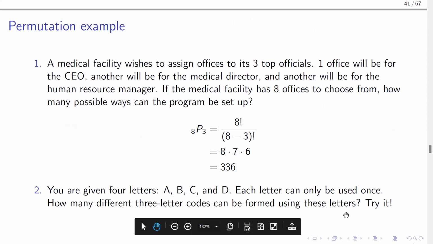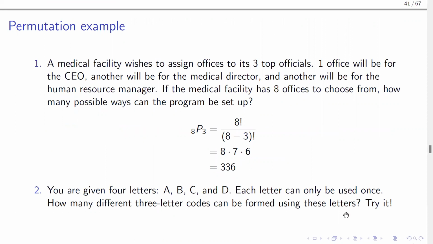Number 1, a medical facility wishes to assign offices to its 3 top officials. One office will be for the CEO, another office will be for the medical director, and another will be for the HR manager. If the medical facility has 8 offices to choose from, how many possible ways can the program be set up?